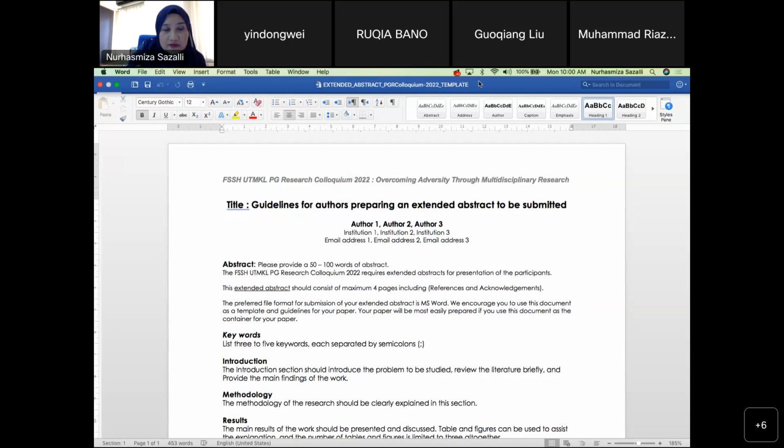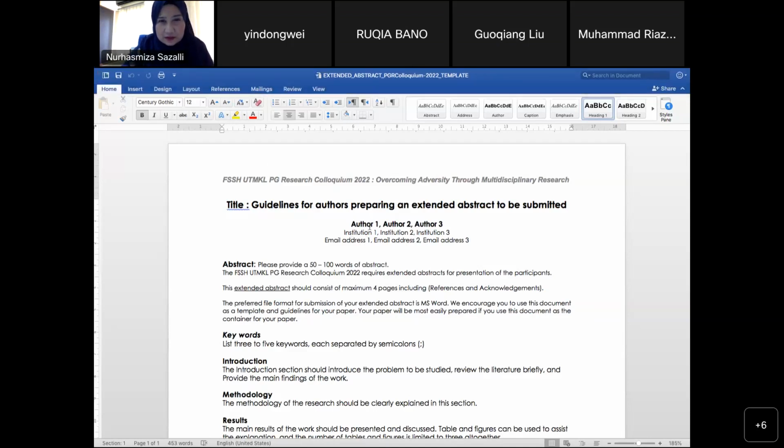Okay, the template given. The first part up there is the title. What you need to do is just copy the title and put it there so that it follows the size and the type of the font. Okay. So first author is definitely you, and the second author could be your other authors or perhaps your supervisor, and then your institution.